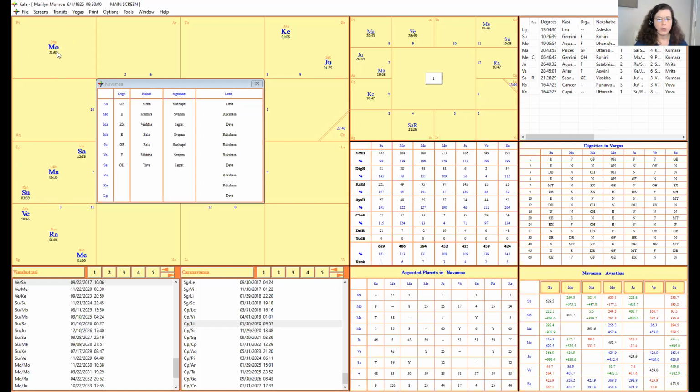Let's look here at Jupiter, which rules the ninth house, and it's going into the 12th house. It also rules the 6th house. So we have the 6th house lord and the 9th house lord going into the 12th house.